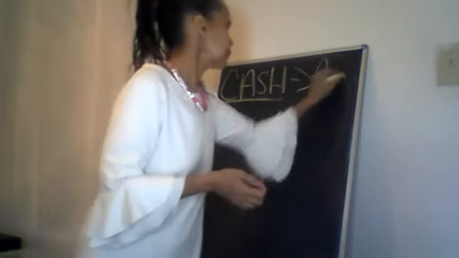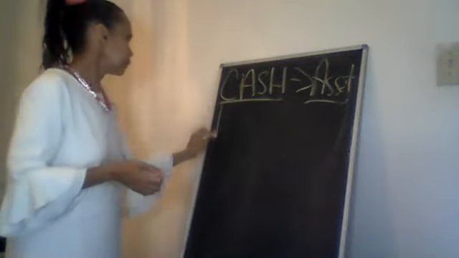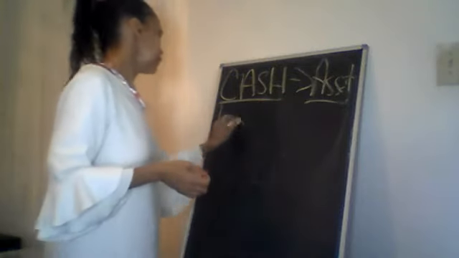It's good to learn these terms, so that way when you're dealing with the T accounts, it won't be so hard. In other words, we talked about the cash account, which is an asset account. Accounts payable, which is a liabilities account.